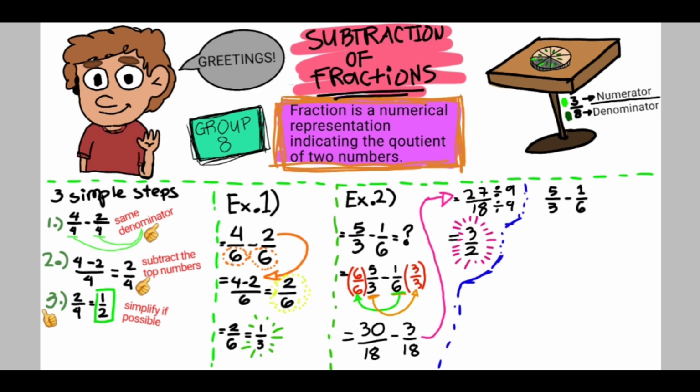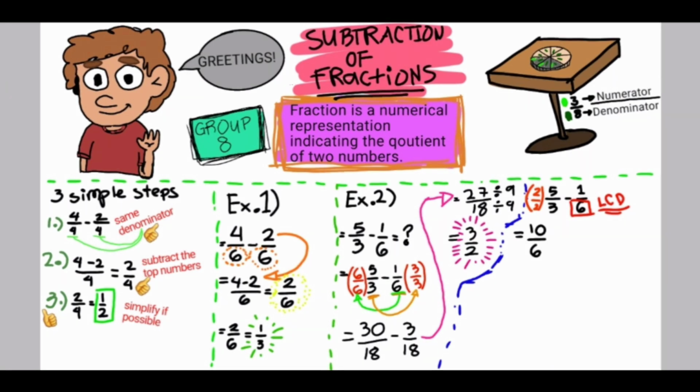So we'll just find a way to make a 3 into a 6. Simple. Multiply 3 by 2. But if you are going to multiply a denominator, you have to include the numerator. So 5 times 2 is 10 and 3 times 2 is 6.